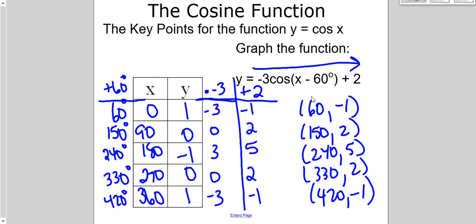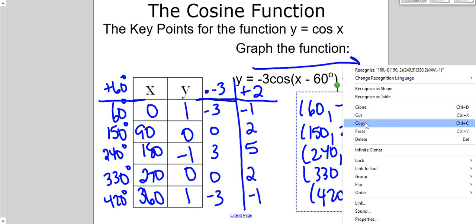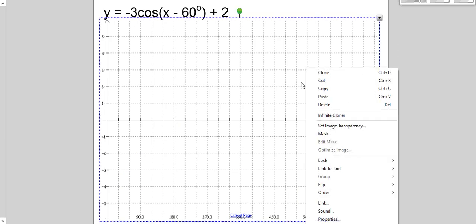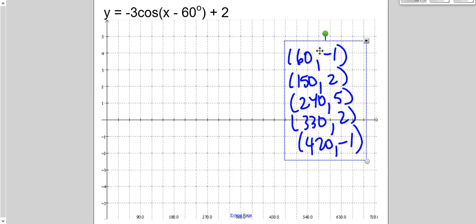I'm not going to remember those very well. So let me grab them all, and I'm going to copy them and bring them over here. Paste. There we go.